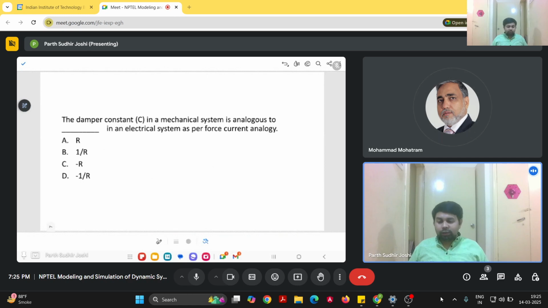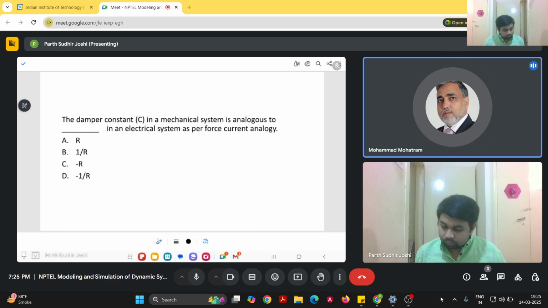One thing is that the damper is analogous to electrical resistance. The only question is which form it is analogous to: R, 1 by R, minus R, or minus 1 by R. That is being asked here.